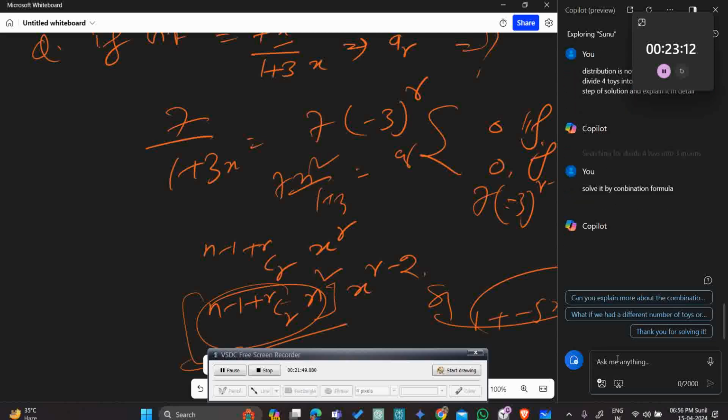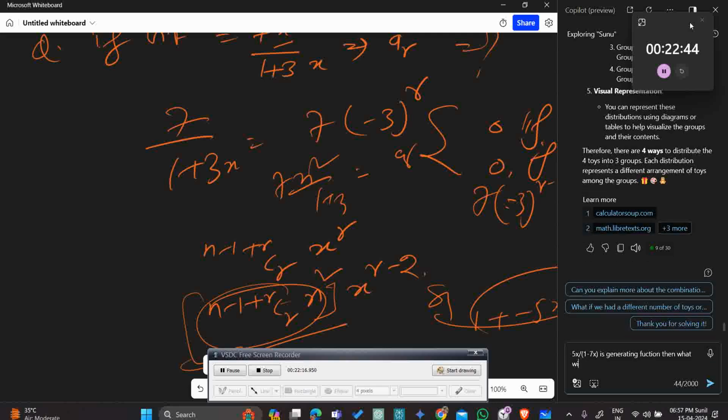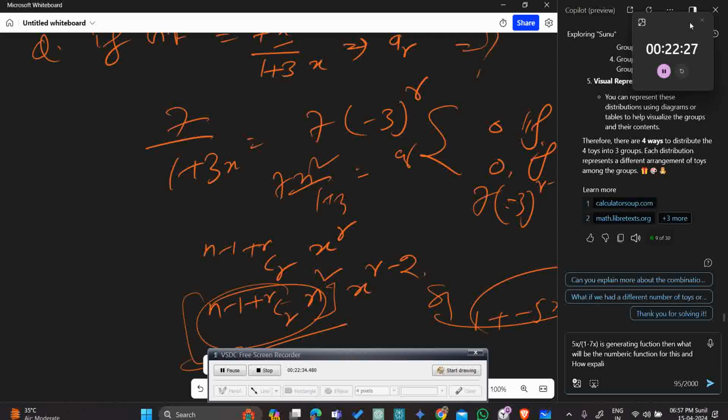Let me ask some question to him, like 5x slash 1 minus 7x is generating function, then what will be the numeric function for this and how, explain step by step.